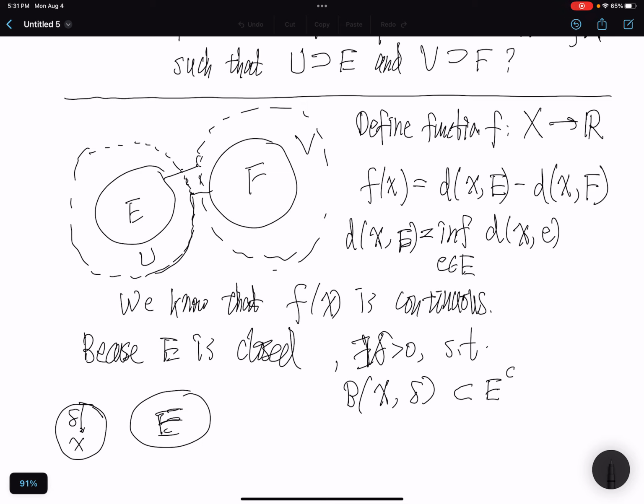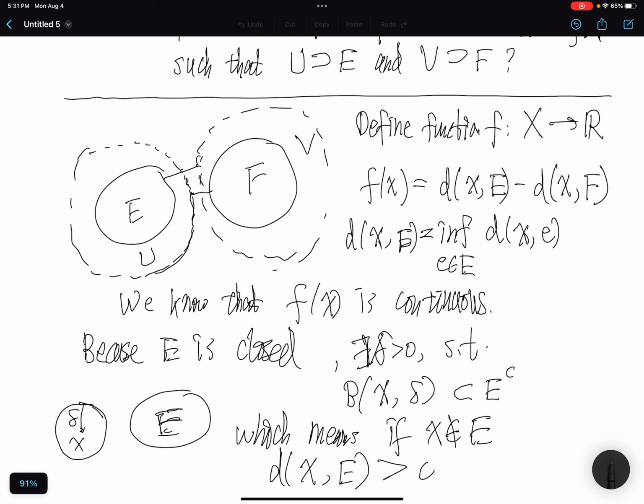Which means if x is not in E, the distance from x to E is greater or equal to delta, and so greater than 0.